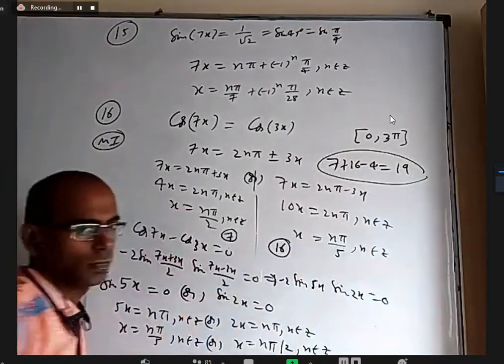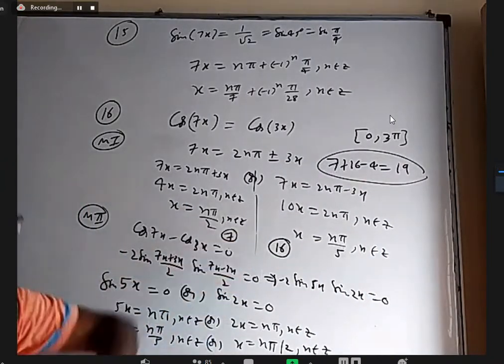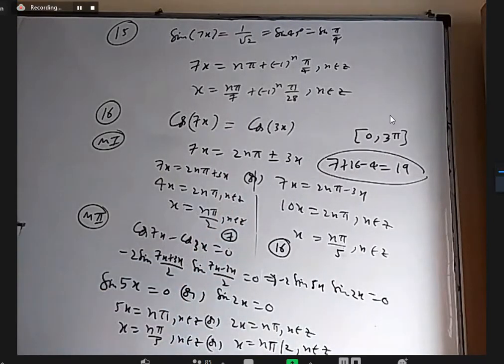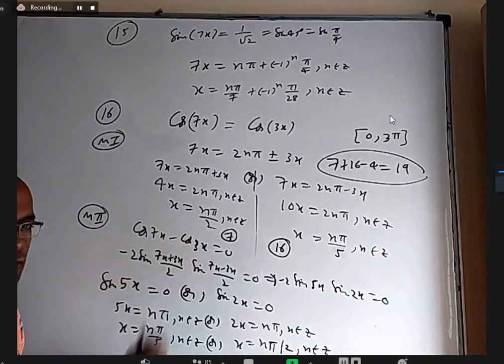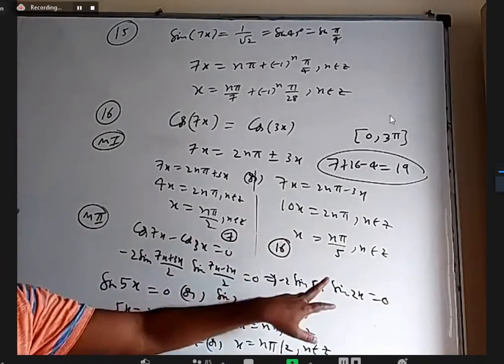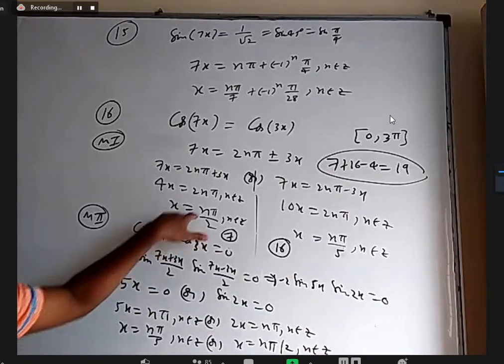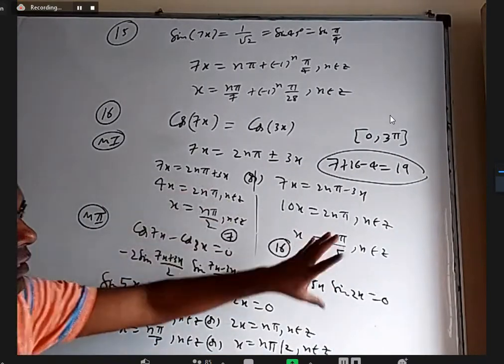We removed 0, but others we have not removed. If somebody said 22 or 21, they might have removed 0, 3 pi, but in between also pi and 2 pi are also there. So when you write actually all the solutions here, you will find 0 is there in both. Pi is also there in both. When you keep n equal to 2 here, n equal to 5 here, this n is different from this n. This also will give pi, this also will give pi.